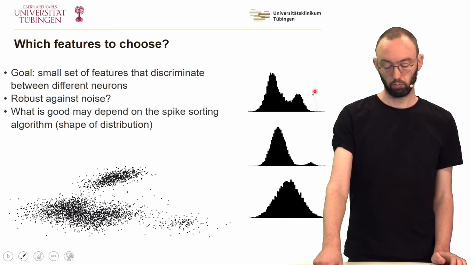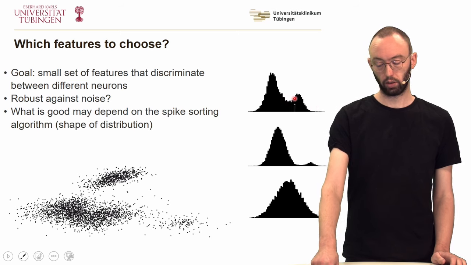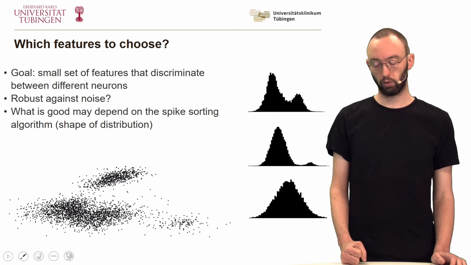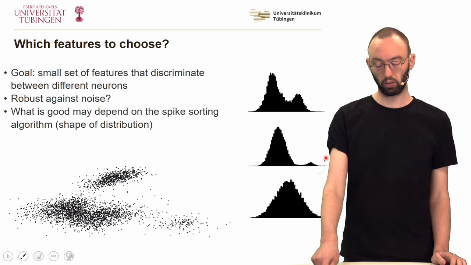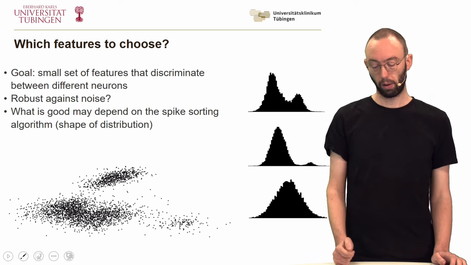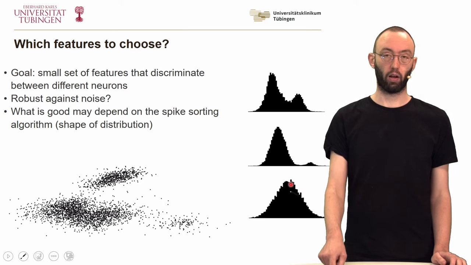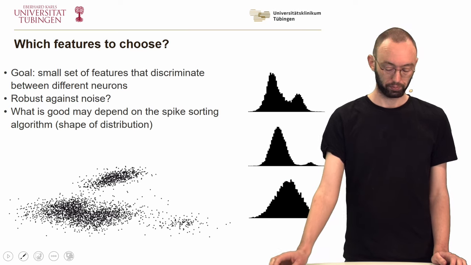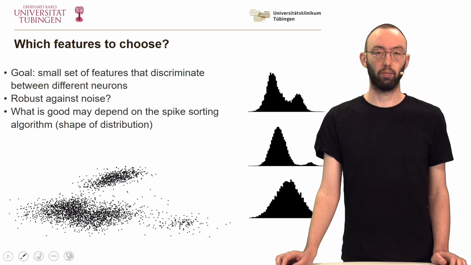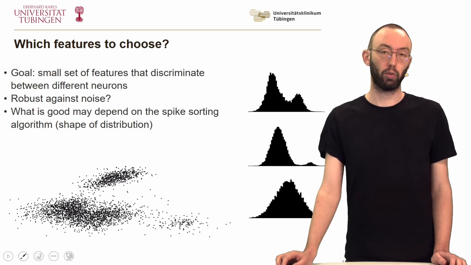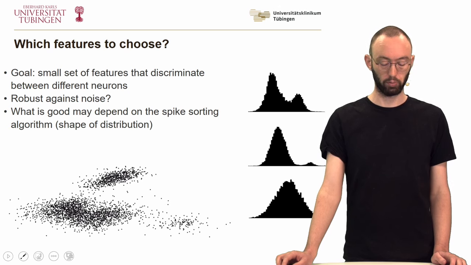Something like this would be okay, right? Here you can see clearly in this low-dimensional feature representation in the marginal distribution, you can see 2 spikes. Something like this actually would also be good. Something like this probably isn't as helpful. And what is good for spike sorting probably also to some extent depends on your choice of algorithm.